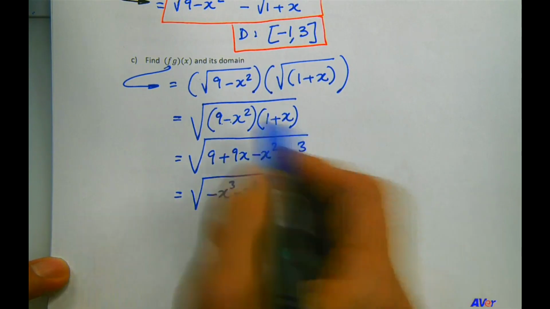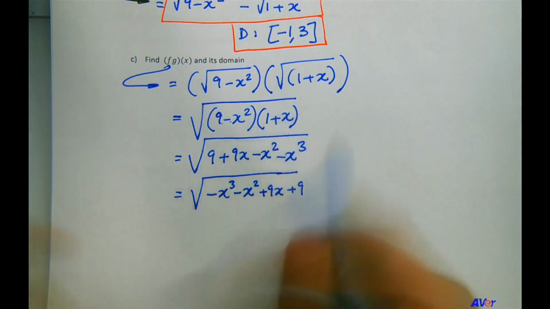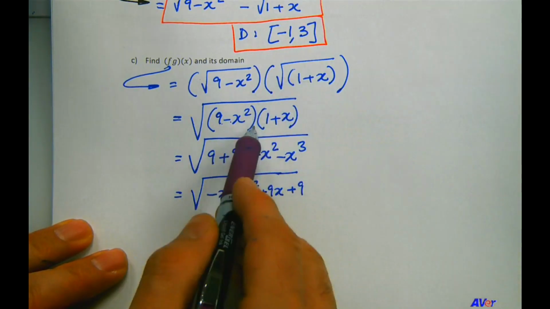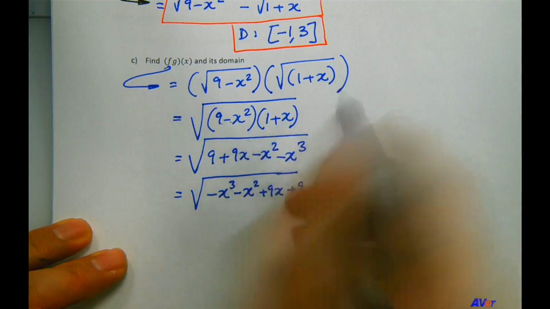I guess keeping it in factored form would have been better. So keeping it here would have been better, because this way we can easily find where the domain is.